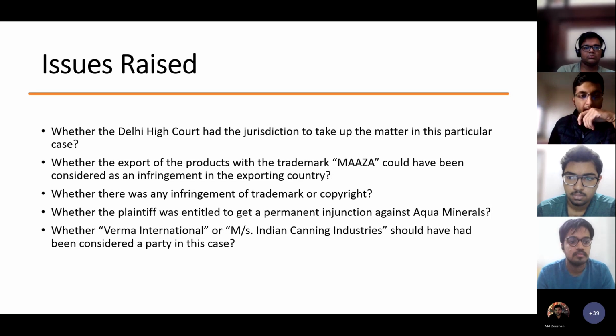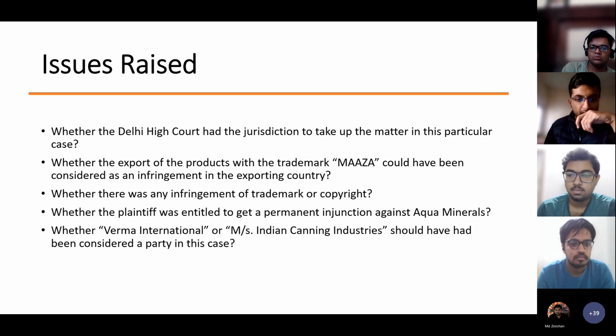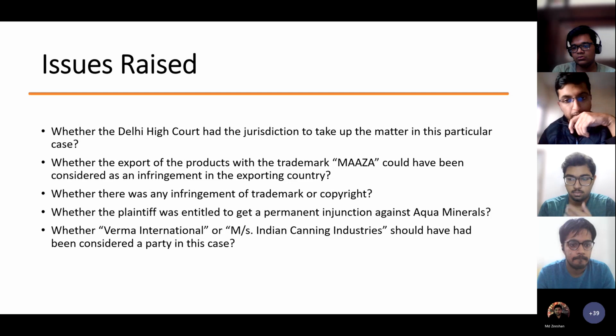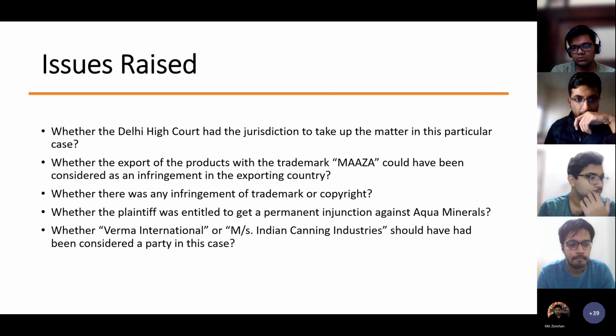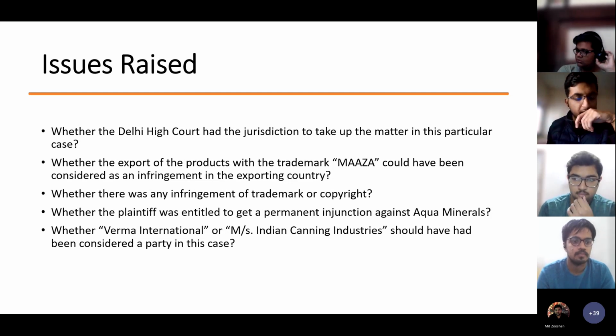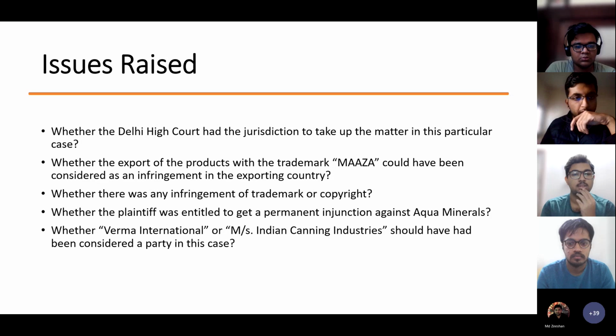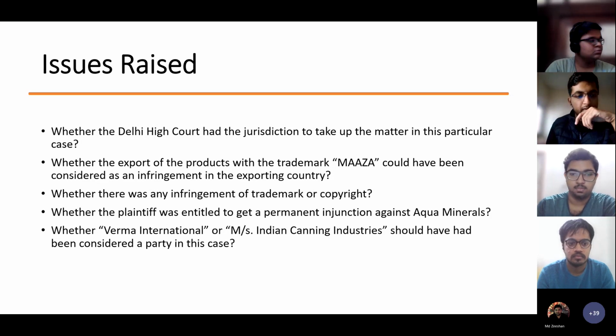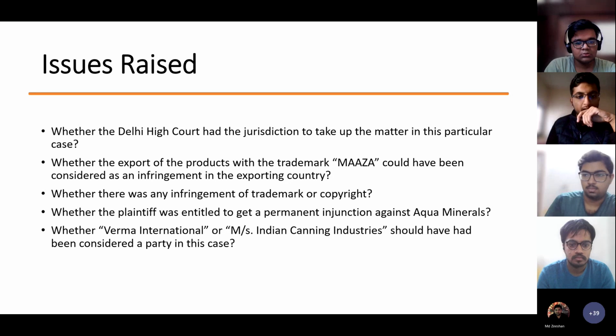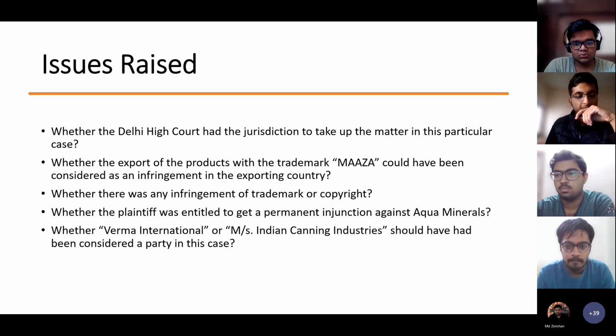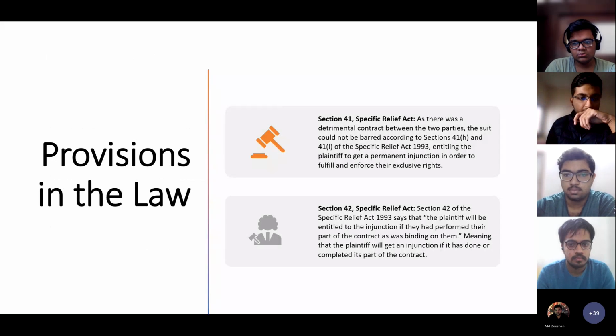The third one was whether the Delhi High Court, under which the judgment was taking place, had the jurisdiction to take up the matter in this particular case. The fourth one was whether there was any infringement of a trademark or copyright. And the last was whether Verma International and Indian Canning Industries should have been considered as a party in this case. These were all the issues raised in this case.